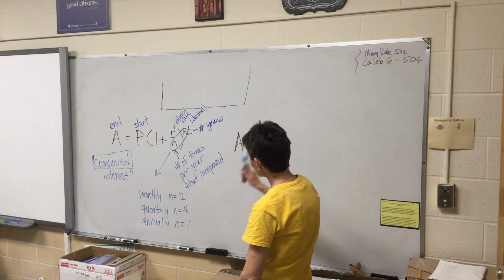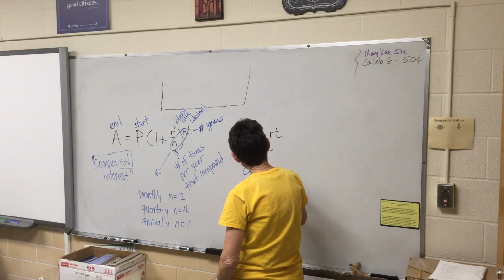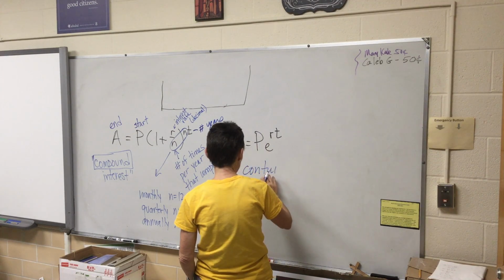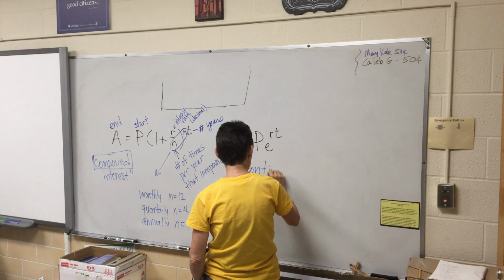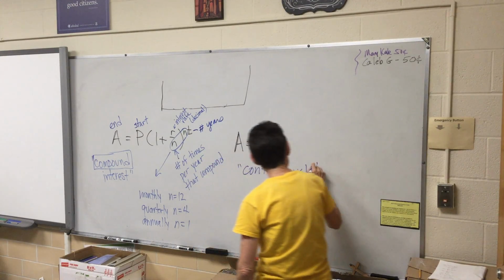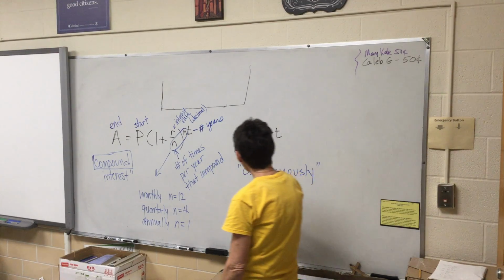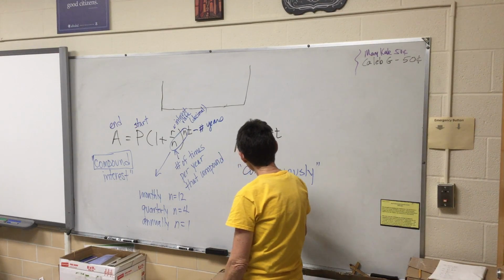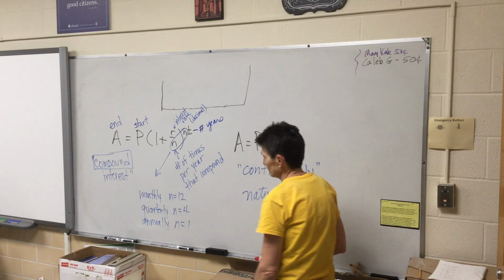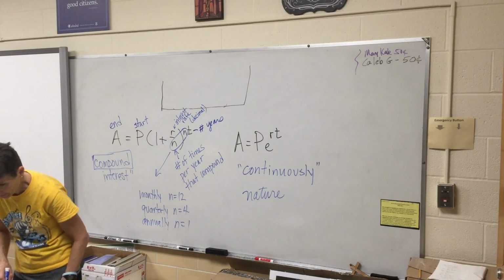Now, this formula is used when you are compounding continuously. So the word continuously is going to be there. Or it's going to be a problem from nature. So it'll be a population.